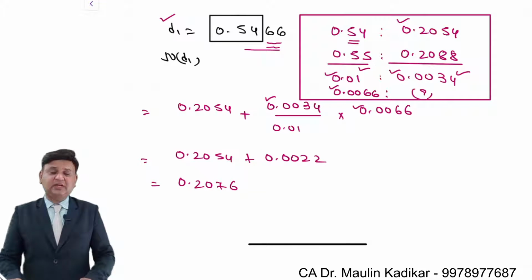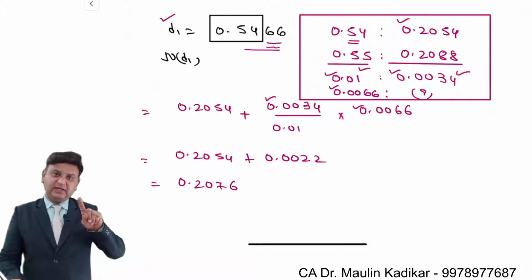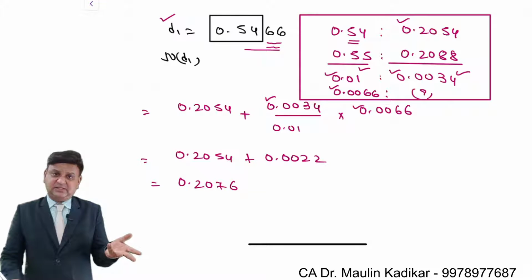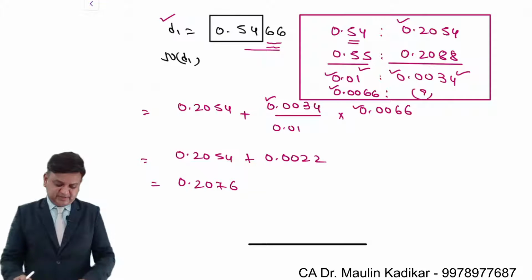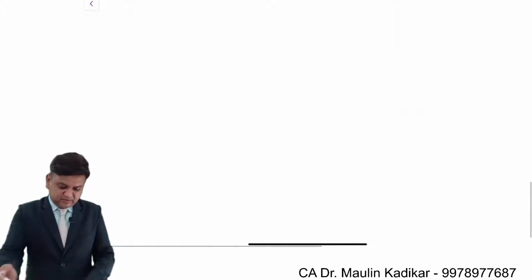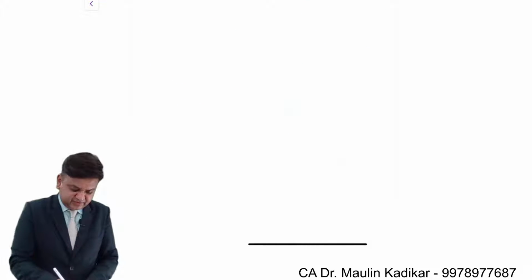So this is the way we are required to find the D1 reading from the Z table. Similarly, D2 reading will also be found in the Z table like this. How to compute D2? I just explained that to you some time back. Now, basically we are interested to know ND1.